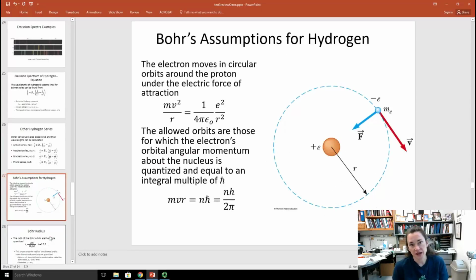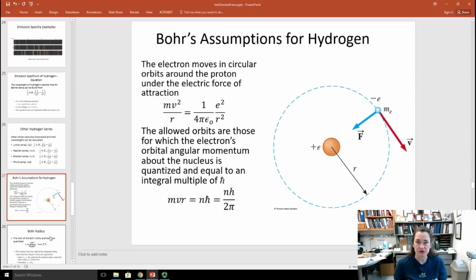So Bohr's model of the atom starts off with the idea that the centripetal force that the electron experiences in its orbit around the nucleus is provided by the Coulomb attraction between the nucleus and the electron. So for a hydrogen atom, that's m v squared over r equal to 1 over 4 pi epsilon naught times e squared over r squared. Now Bohr went on further to say, look, the electron, since it's an accelerating charged particle, should theoretically radiate away all its energy and crash into the nucleus.